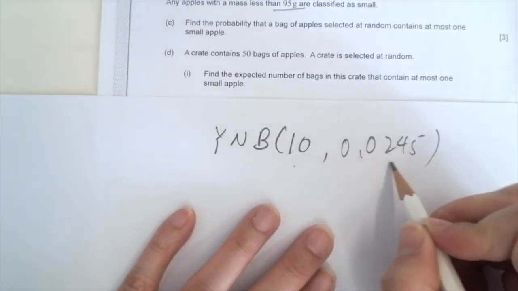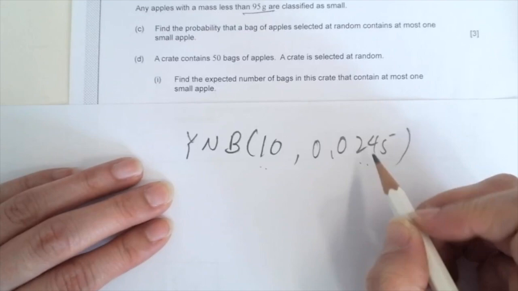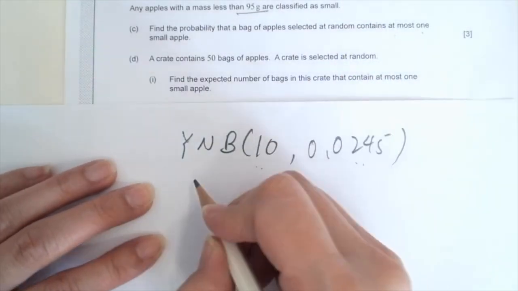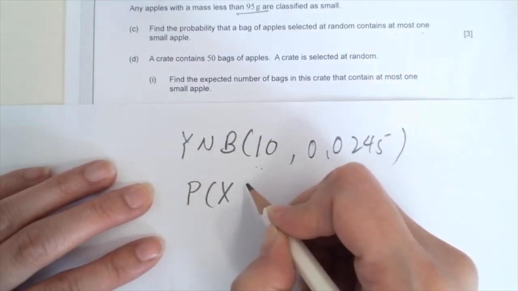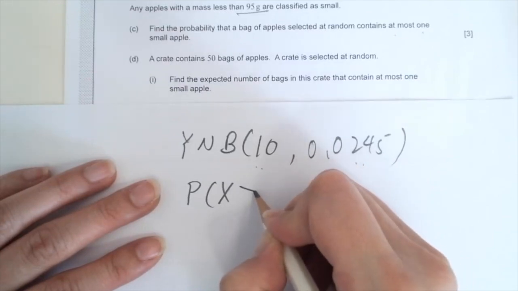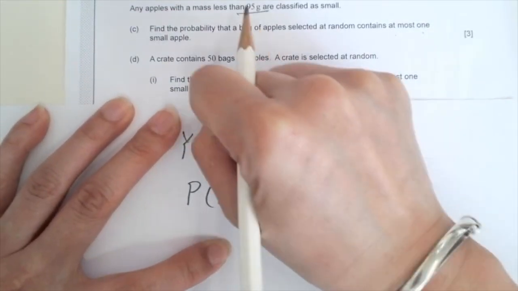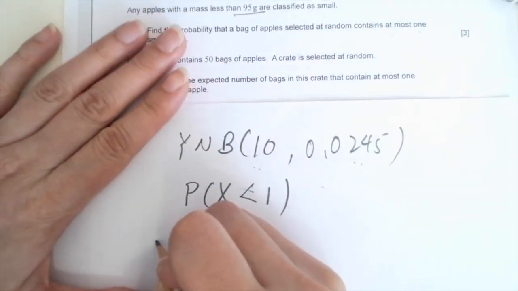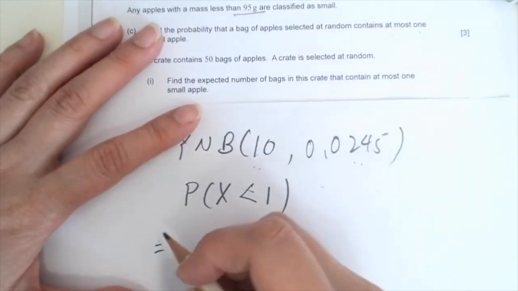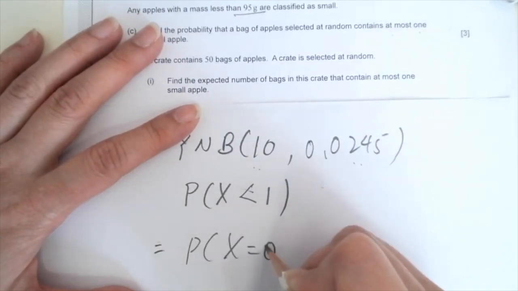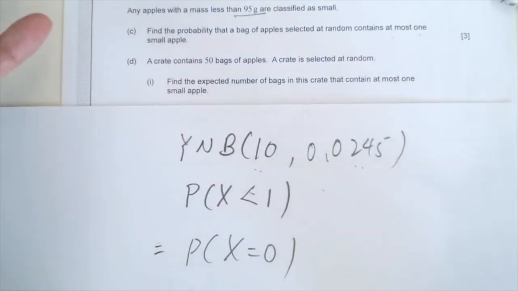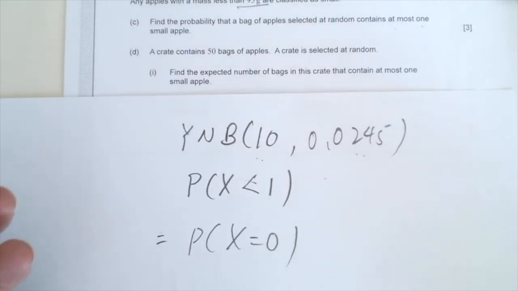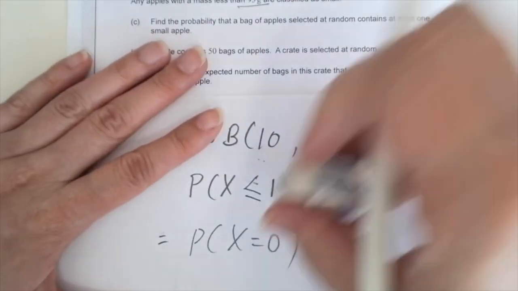All right, probability, the trial, the probability. I want it to be at most 1, so it's the probability X smaller than 1, which actually becomes the probability of X equals 0. True, because there's only 1. We do not have at most, no, at most 1 is included, sorry.